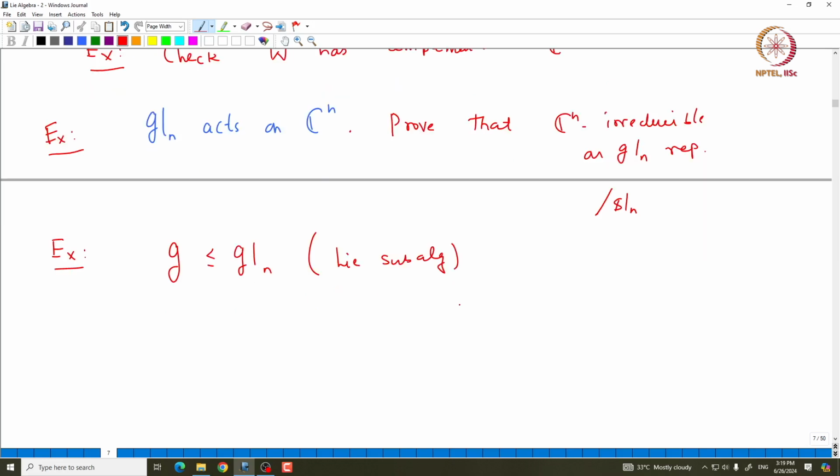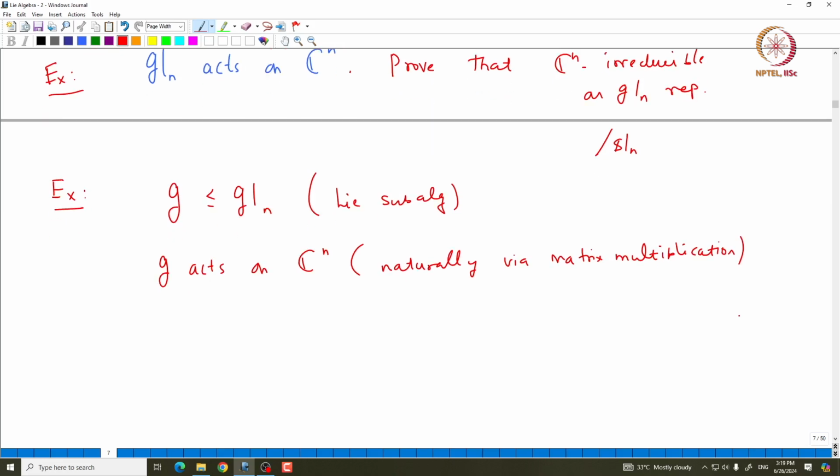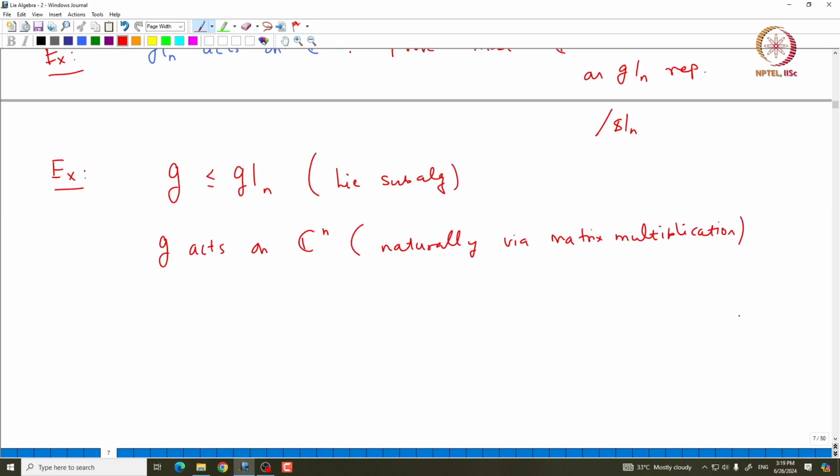So, then naturally G acts on Cn, okay, via matrix multiplication. So, now the question is when this Cn will become irreducible for G. Okay. One can answer that using the associative subalgebra generated by G.